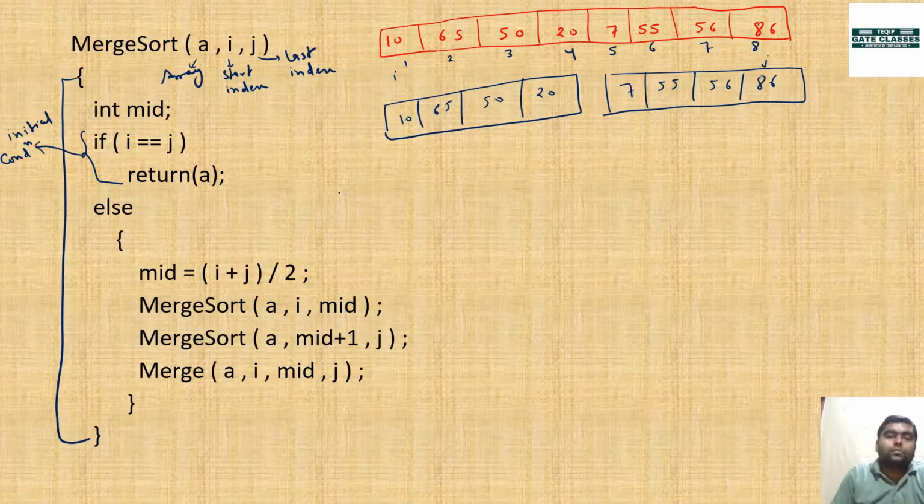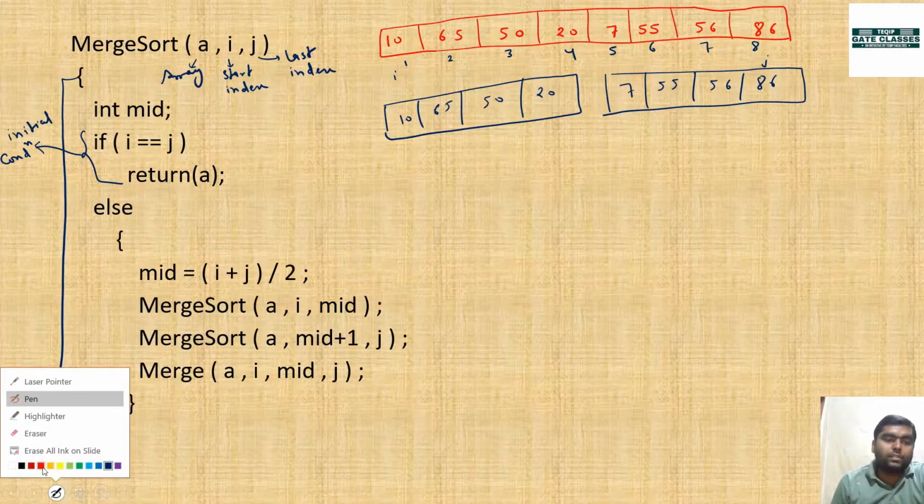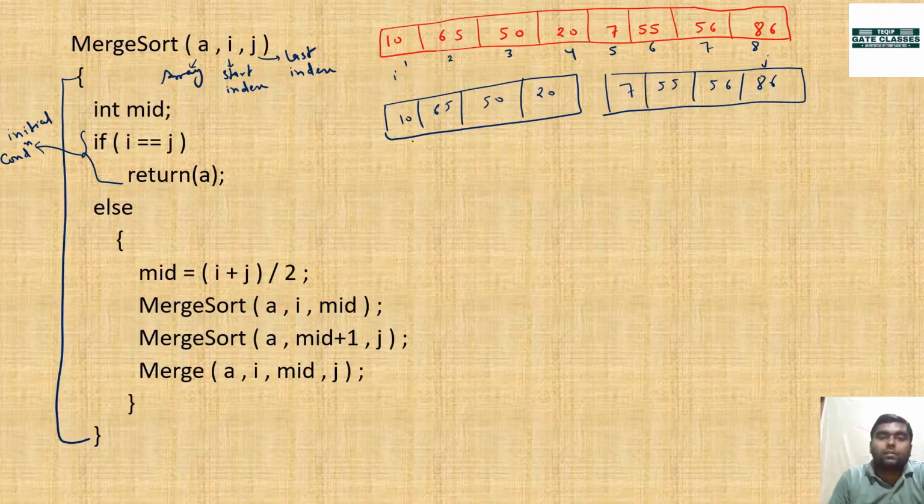The indexes are always like this: 1, 2, 3 and 4, and this is 5, 6, 7 and 8. In similar fashion, next we call merge sort again on this step.